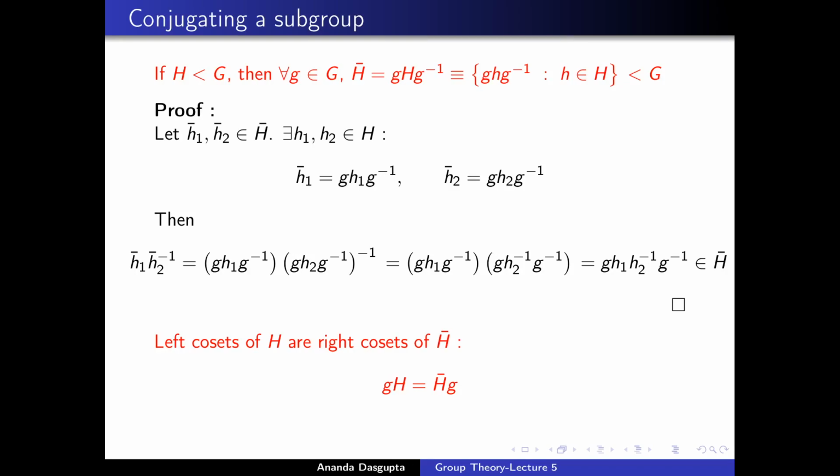Now if small g happens to be a member of capital H itself, then it is easy to see that small g capital H G inverse is actually H itself.